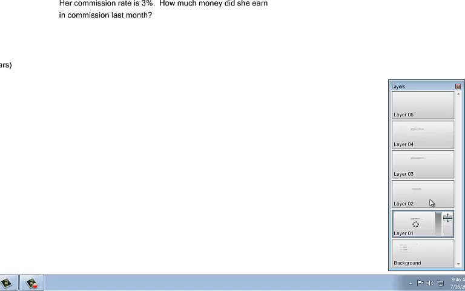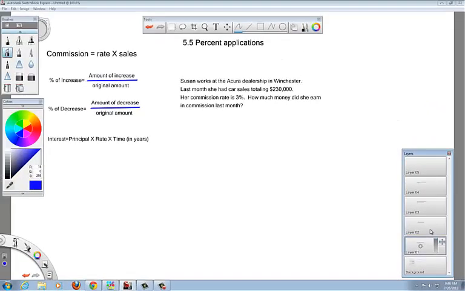So if you're her and you get $2,300, that's the sales. Now the rate times the sales equals her commission. So you basically just take the total number that she sold and multiply it by 3%. Now we don't use the percent sign.